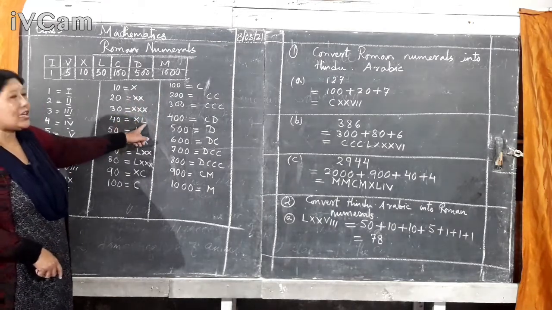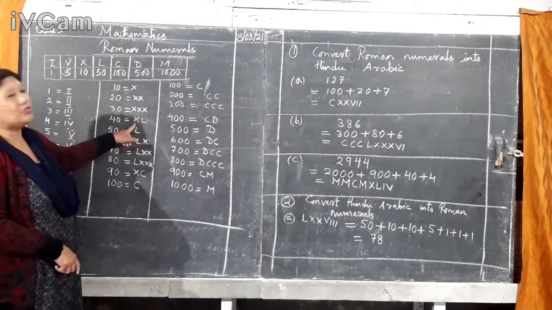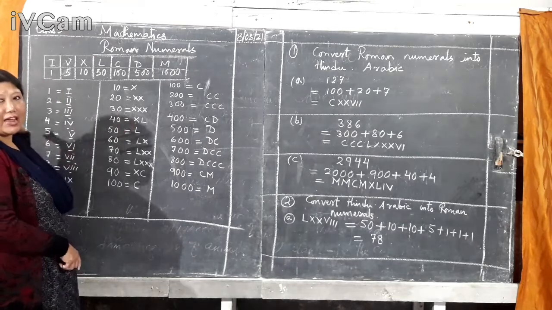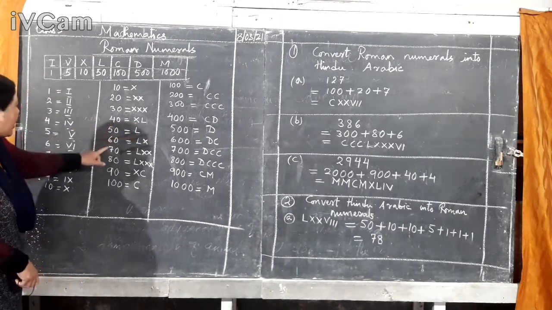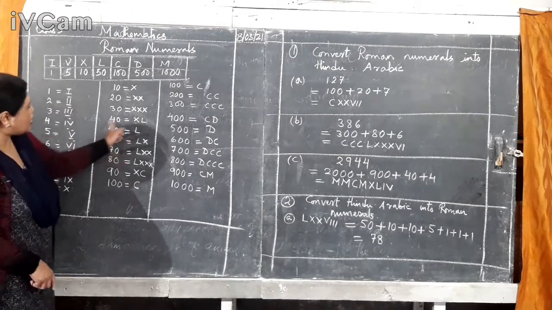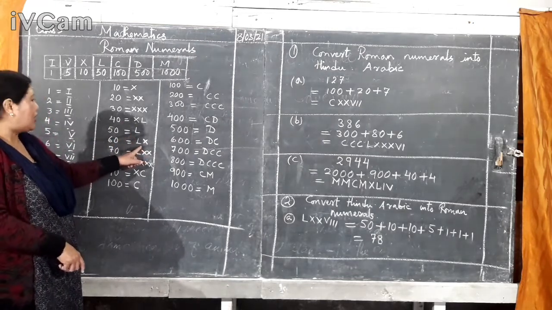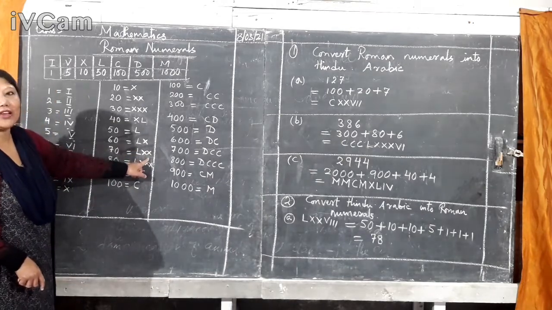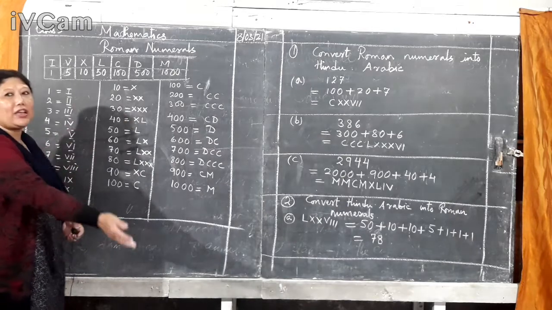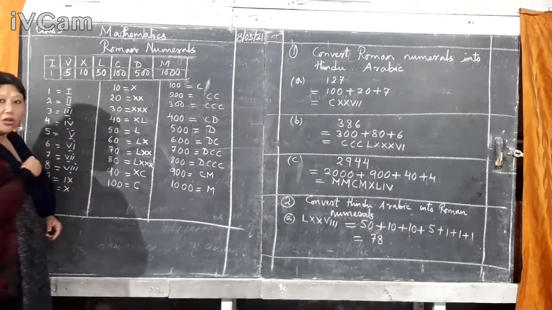Then 40: you should know 50 first, then 10 you have to subtract if you write it on the left hand side. 50 minus 10 will be 40. Then 50, then if you write X on the right hand side of this number, it will be 60, then another X, 70, 80. It will go on like that, 50 plus 20, 50 plus 30.